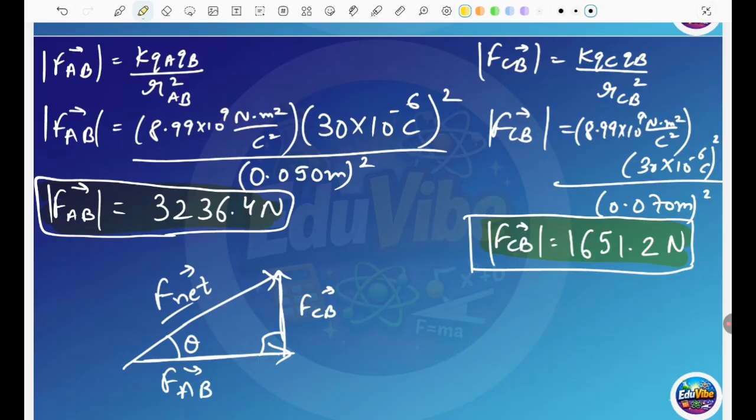The net one always comes up in MCQs or numeric response. So you have to know how to deal with this. You just have to know Coulomb's law, how to find the magnitude of the net one and how to find the angle. This angle and magnitude we find when we deal with right angles. So that's how you can deal with vector analysis in Coulomb's law.